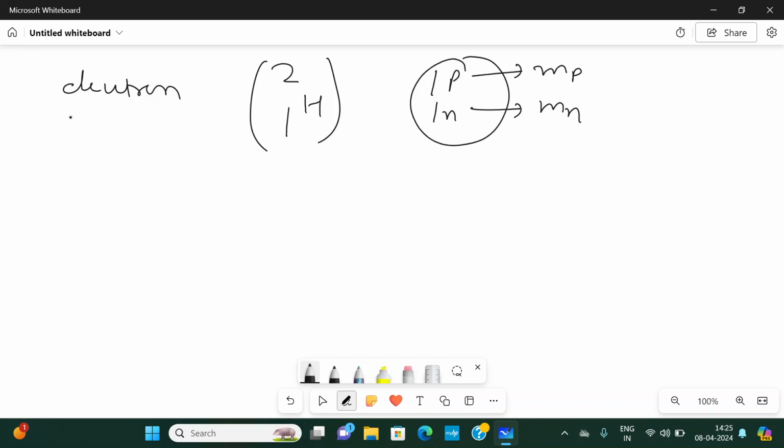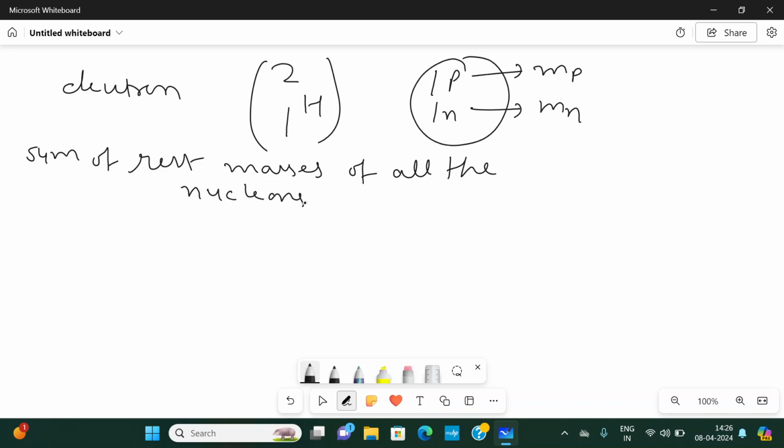We want to find out the mass defect. For that, we need the sum of rest masses of all the nucleons. The sum of rest masses of all the nucleons is equal to Mp plus Mn.